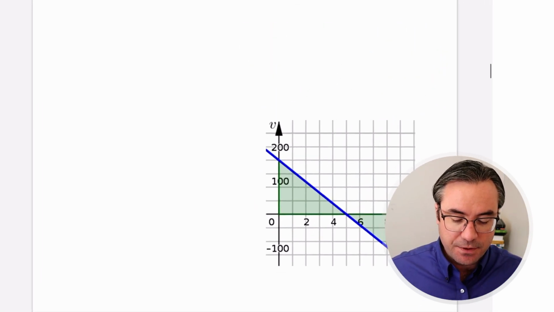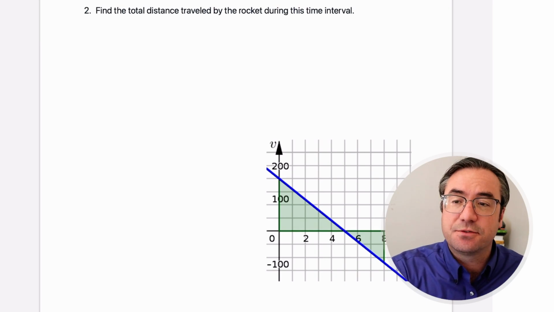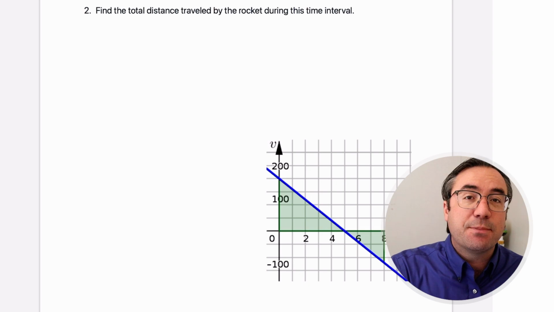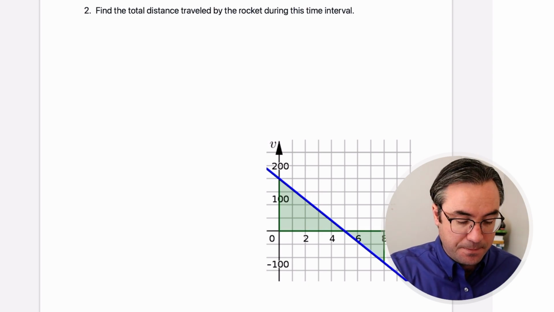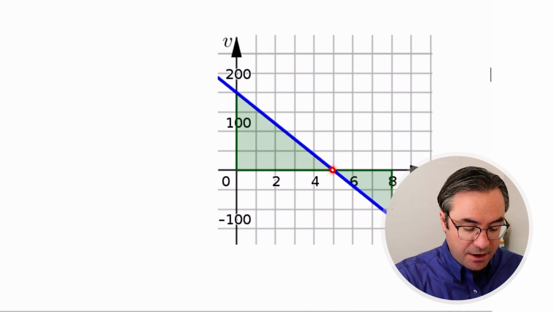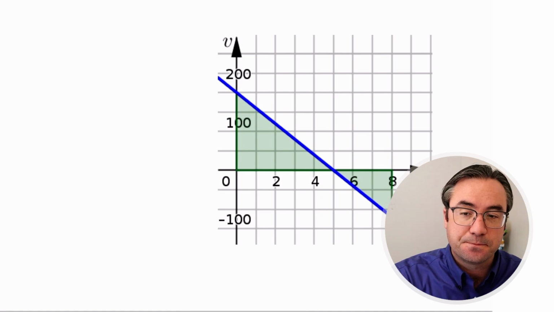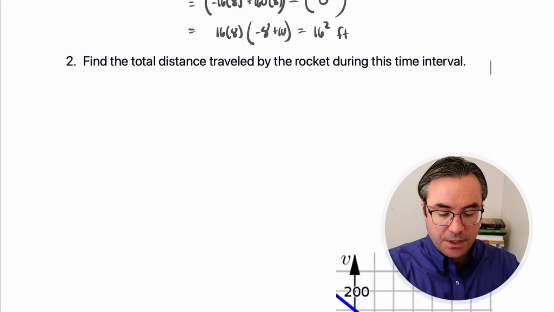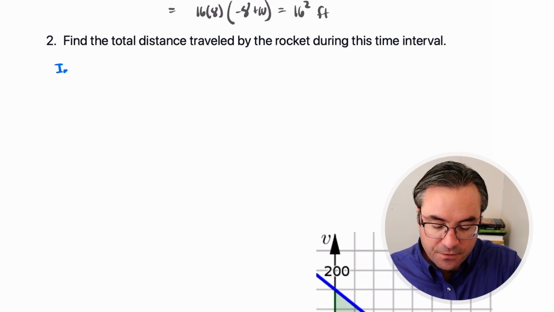So the idea with getting total distance is we're going to figure out the distance we travel going in the positive direction, and then separately figure out the distance traveled going in the negative direction. If we're looking at this graph, we can see that our velocity is 0 at t equals 5. So we want to look for the intersection points.